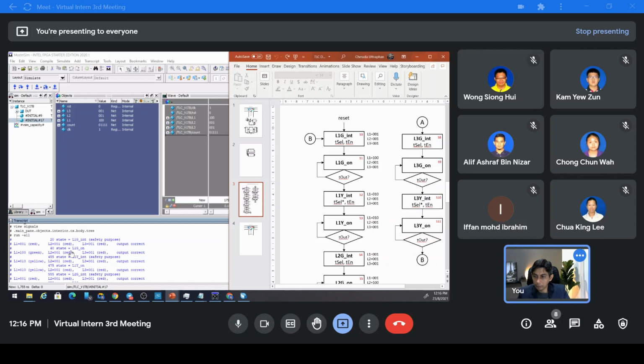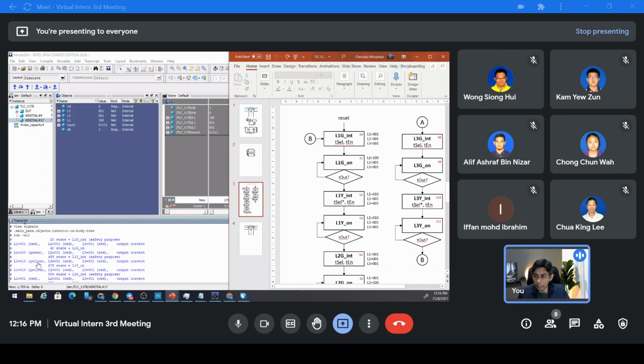And next we go to the state L1G on, and this one should be green. L1 should be green, L2 red, L3 red, so this is correct.